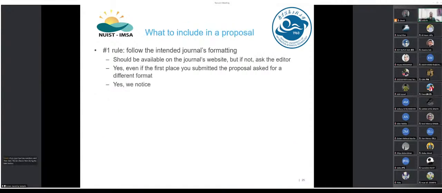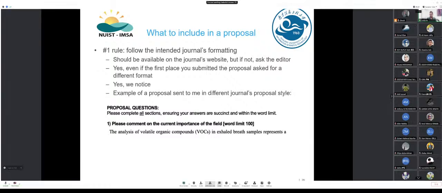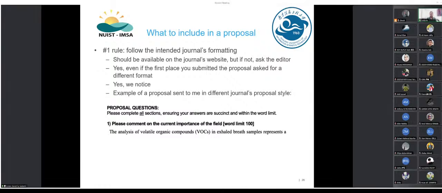Now, if you need to submit a proposal before submitting the paper, what should you include? You can read it from here, that the information should be available on the journal website about any special issue or any invitation to write a paper. If there is no special issue or invitation, you can write directly to the editor.